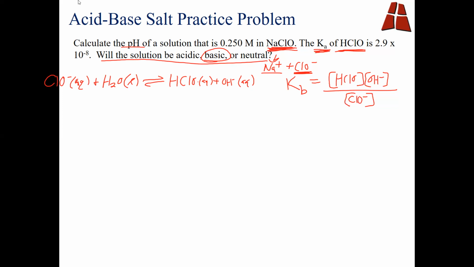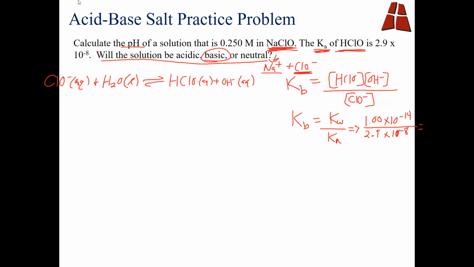And so we're given the Ka, and so we can find our Kb by rearranging our Kw expression. So that's going to be Kb being equal to Kw over Ka. And so if we plug in those numbers, it'll be 1 times 10 to the minus 14th over our Ka value of 2.9 times 10 to the minus 8th.